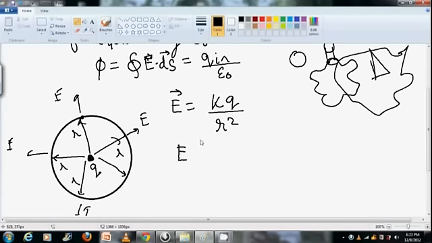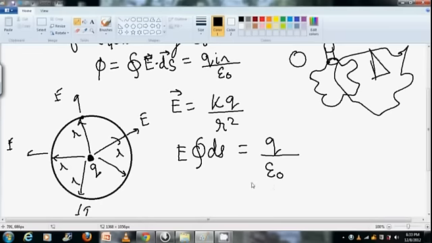So E into the surface integral of ds is equal to q in. What is the charge inside this sphere? Only one charge is there, at the center, which is q. So q inside is only q, divided by epsilon naught.